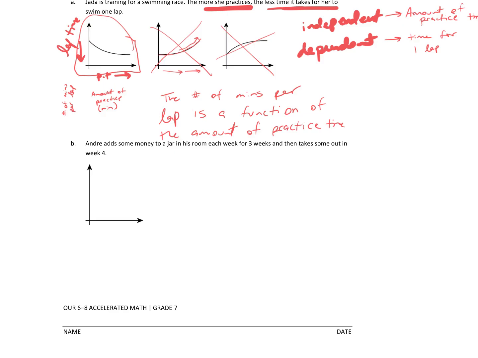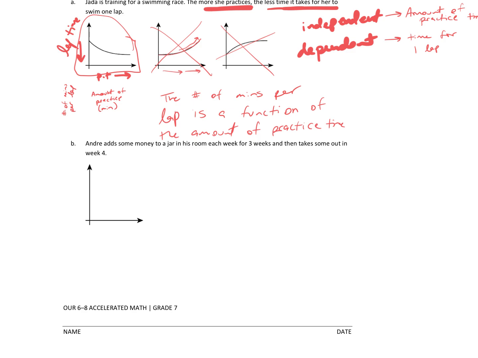So right off the bat, I know that the amount of money in Andre's jar is going to be dependent on the number of weeks, right? Because as more weeks happen, we're either increasing our money or decreasing our money, depending on what your labels are.